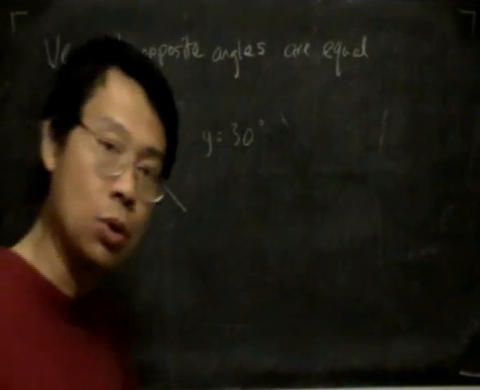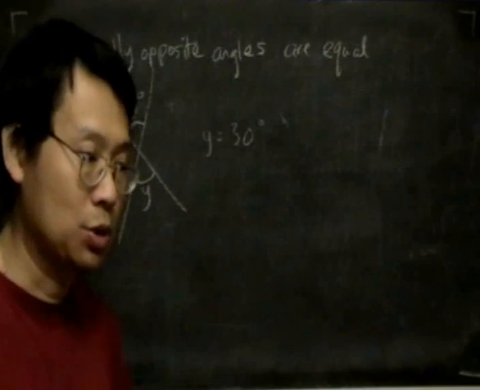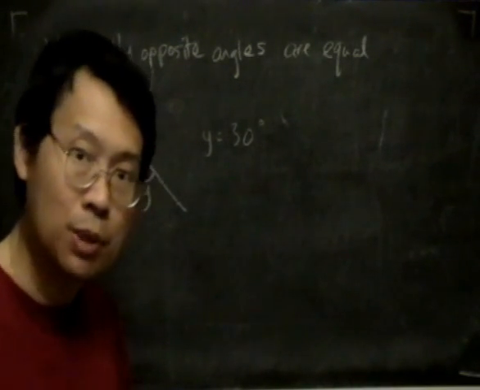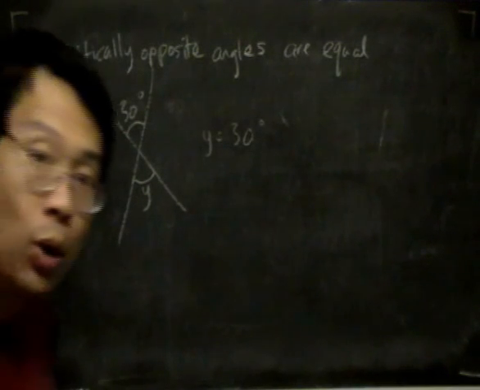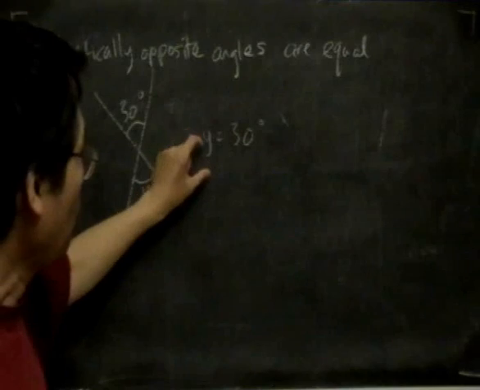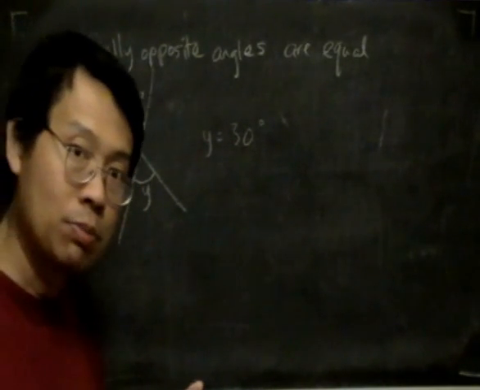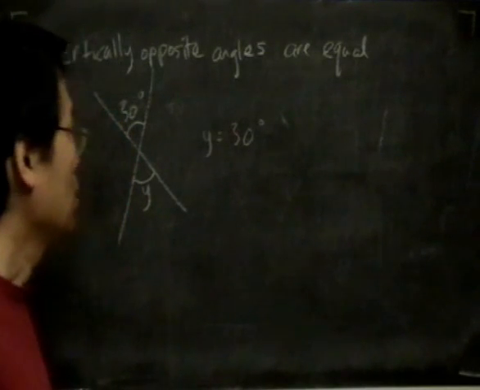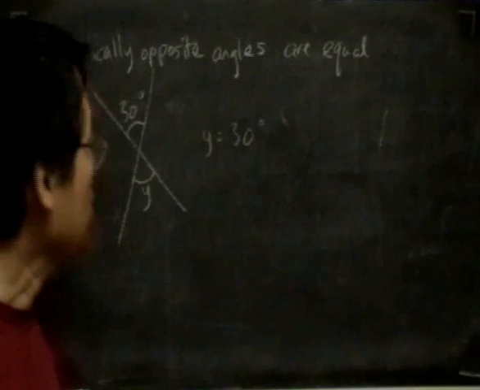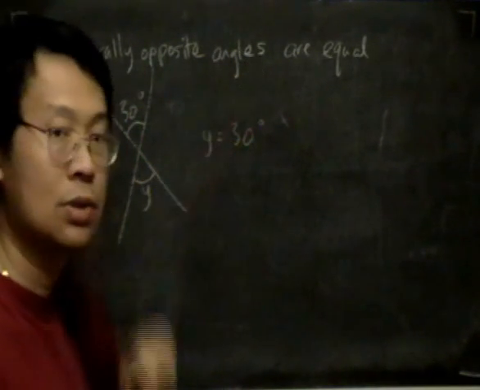Now, one point to note is that unless it is a multiple choice question, you often have to give some explanation in your working. So if you write down y equals 30 degrees in your question, it would always be good to say that y equals 30 degrees because they are vertically opposite angles.